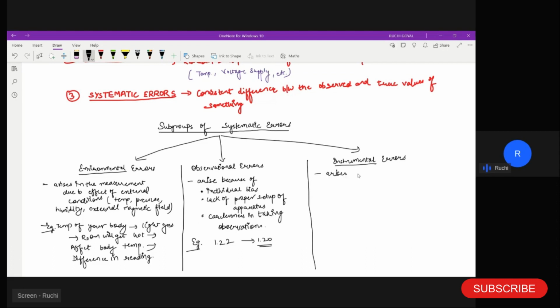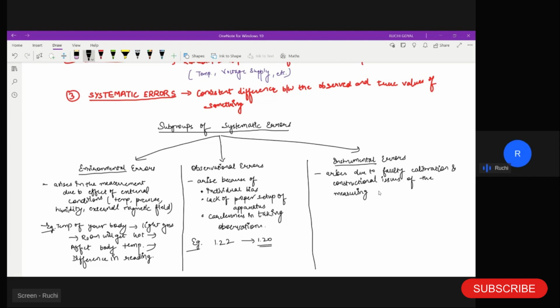So it arises due to faulty calibration and constructional issues of the measuring instrument.